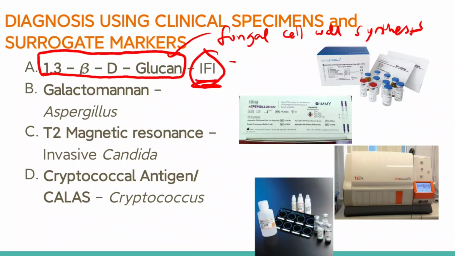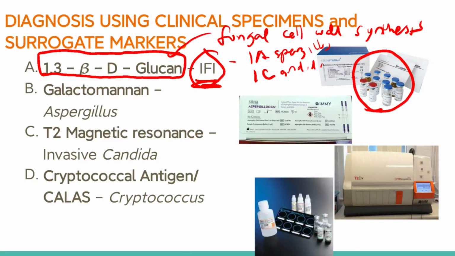Meron tayong IA or yung invasive Aspergillus. Meron din tayong IC or yung invasive Candida. So this is, ang principle nito is chromogenic serological. Ayan. Okay, ibig sabihin, meron kang micro-titer plate.